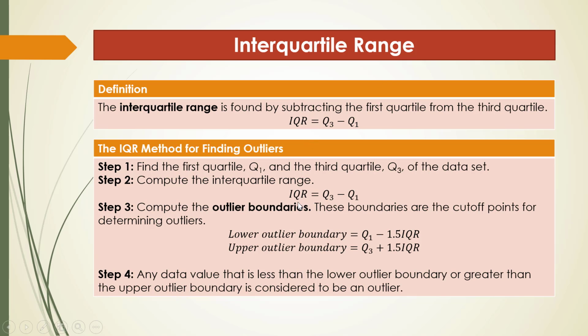The lower outlier boundary is computed as Q1 minus 1.5 IQR, and the upper outlier boundary is Q3 plus 1.5 IQR. Any data value that is less than the lower outlier boundary or greater than the upper outlier boundary is considered to be an outlier. So that's how we use the IQR method to find outliers.